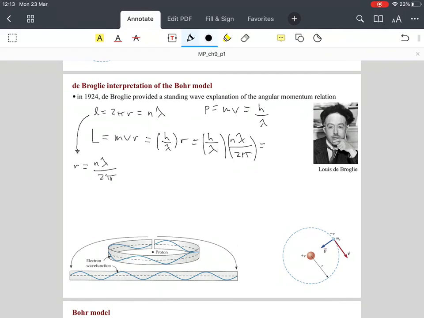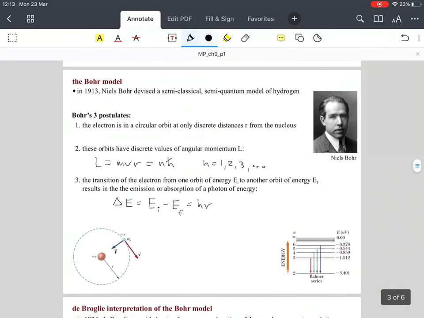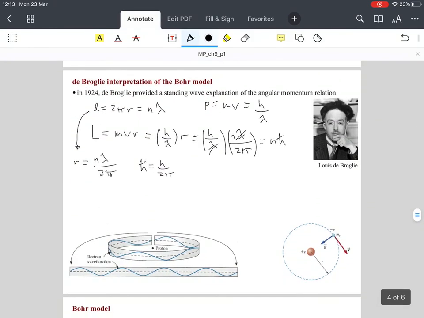The lambdas cancel, and you also have the relationship for the reduced Planck constant, h bar equals h over 2 pi, so you can also use that, and you get n times h bar, okay? Which is exactly what Bohr postulated here in his second postulate.